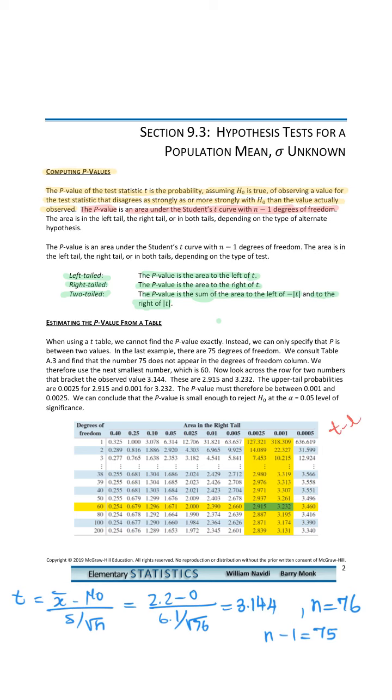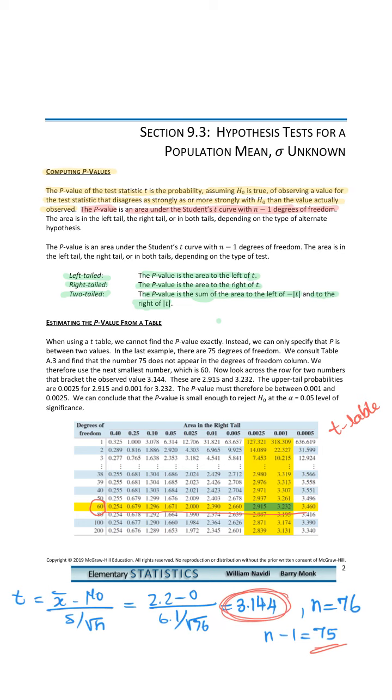If you look at the t-table, there is no 75 in the degrees of freedom. So choose a number smaller than 75, close to 75. That is 60. Then look at the row corresponding to that and locate the number 3.14.